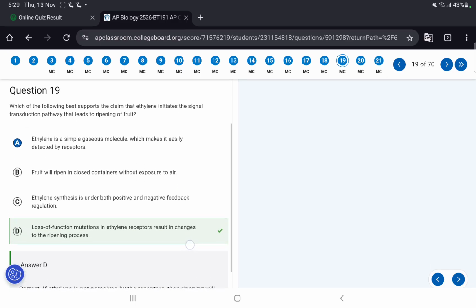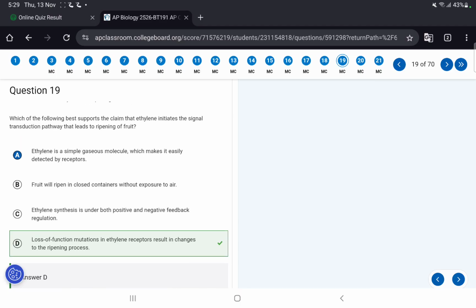Here it's answer D, because the loss of function mutations in ethylene receptors result in changes to the ripening process, meaning we mutated this ethylene. Okay, they're saying that ethylene underwent mutations, and then it lost its function.